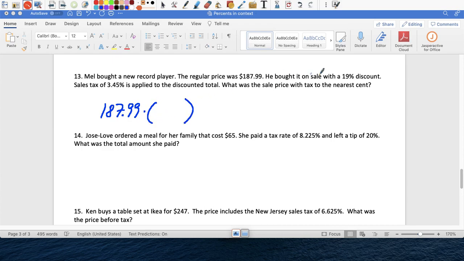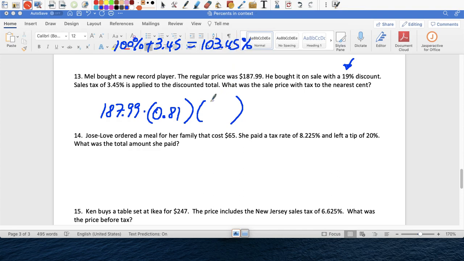But think about it, what happens to your price if you get a 19% discount? It means that you're going to be paying for 81% or 0.81. And then they're going to add a tax of 3.45%. Remember, if we're adding, the tax is going to be 100% plus 3.45%, which takes you to 103.45%.